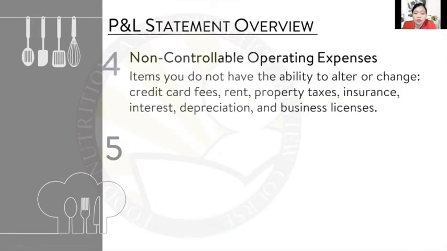Non-controllable operating expenses include the items you do not have the ability to alter or change, like the credit card fees, the rent, property taxes, insurance, interest, depreciation, and the business license.